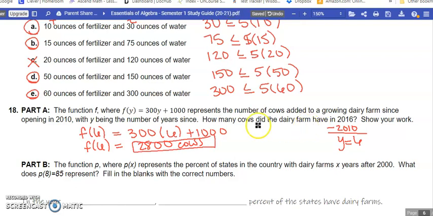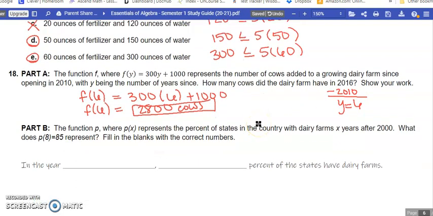All right, part B, the function P, where P of X represents the percent of states in the country with dairy farms X years after 2000. What does P of 8 equals 85 represent? Okay, so what they're basically saying is that your X is 8, and then the output is 85. So the function P represents the percent of states in the country with dairy farms.